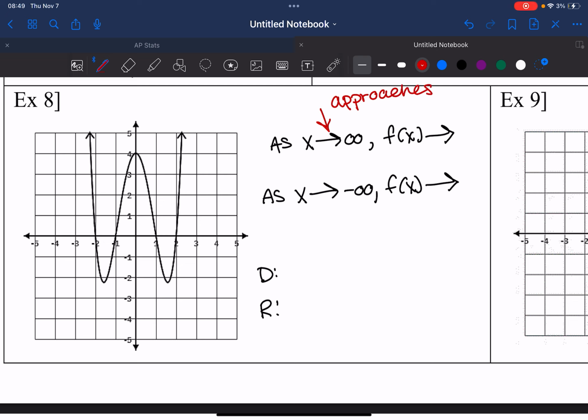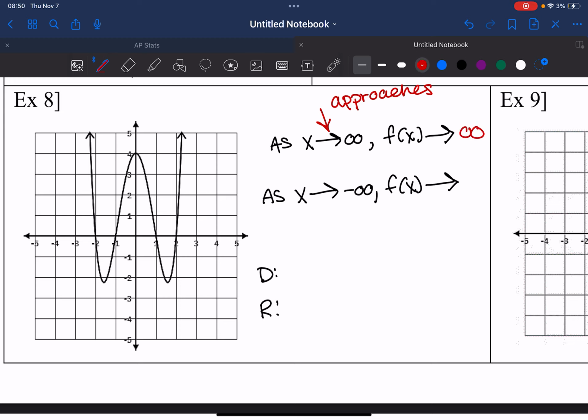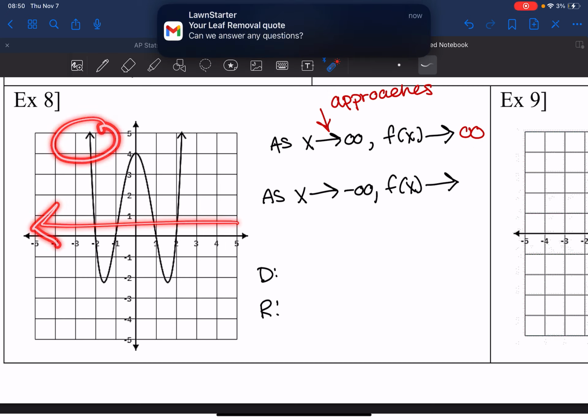Let's start with as x approaches positive infinity. As it goes to the right side, we look at the endpoint that's closest to us, and this endpoint is going up. So it's going to go to positive infinity. And then as x approaches negative infinity, going to the left, we look at this endpoint, and this endpoint is also going up.